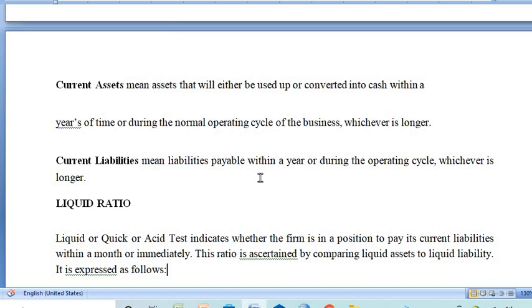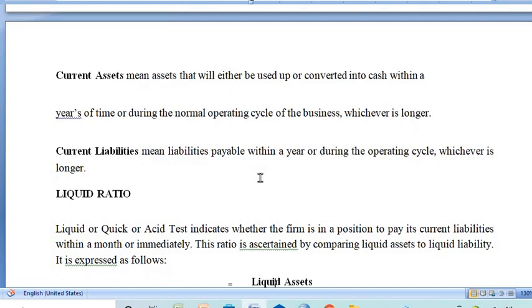When you say liquid asset, it refers to the current asset from which you subtract the stock and prepaid expenses; what is left over is the value of asset available in the business that we can call liquid asset. This asset can be converted into cash immediately compared to your current asset. That's why it is called liquid asset or quick asset.